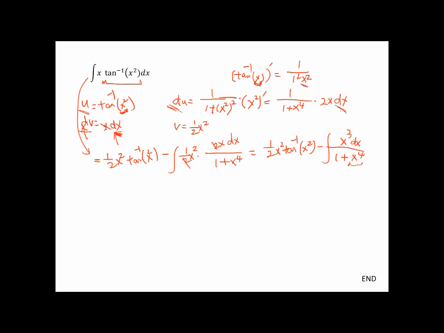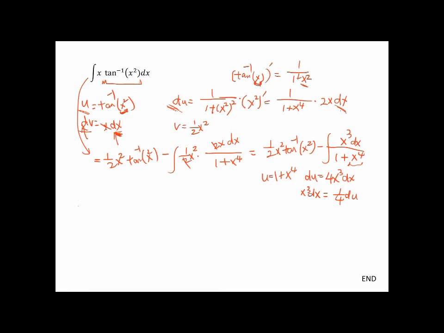What's on top? x cubed dx. So substitution. u equals 1 plus x to the fourth. So du is 4x cubed dx. So based on this, x cubed dx equals 1/4 du, right? Divide this 4 to here.